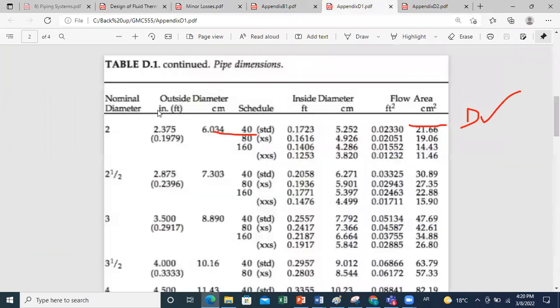So nominal diameter 2, schedule 40. Since we are dealing here with SI units, we can read accordingly the inside diameter of our piping system. And of course, we can calculate the flow area or take it from here. It's pi d square over 4. So this is for the diameter of our piping system.